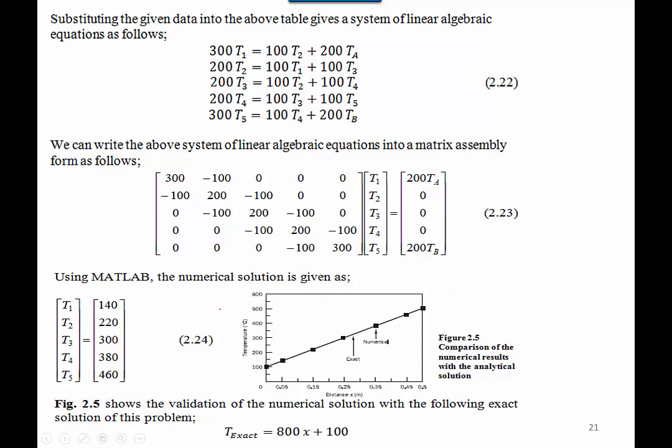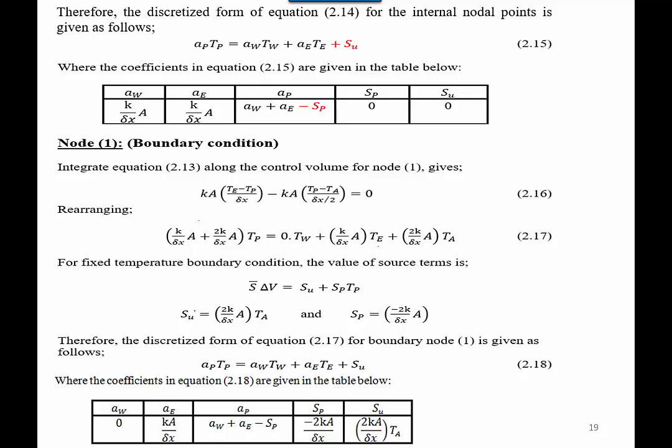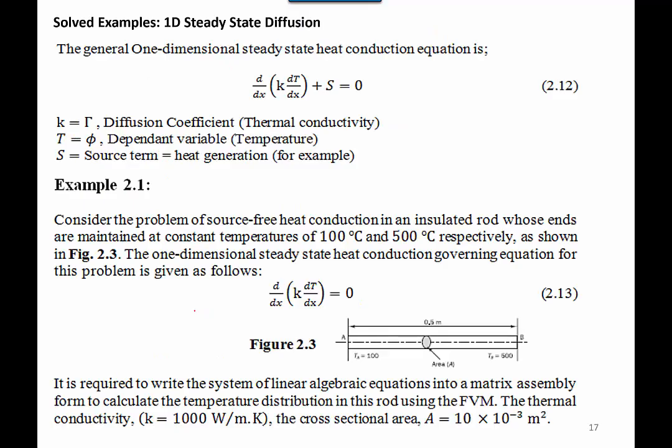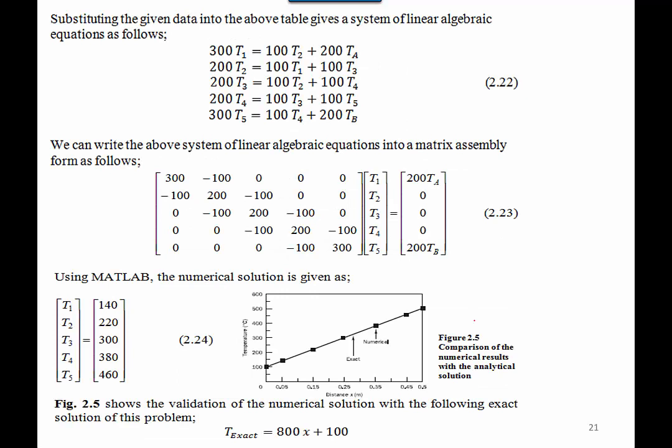Let's go back to the general differential equation, which is shown, this one. Our problem is this differential equation with 2 boundary conditions. Since it's an easy differential equation with 2 boundary conditions, we can solve it analytically, and we give you the solution: T exact solution equals 800 multiplied by x plus 100.